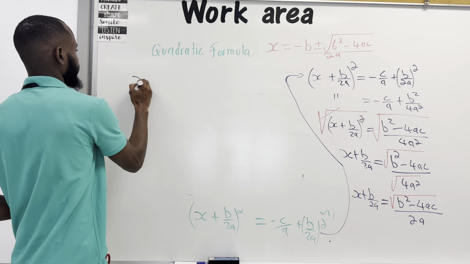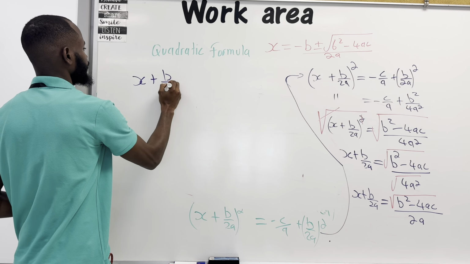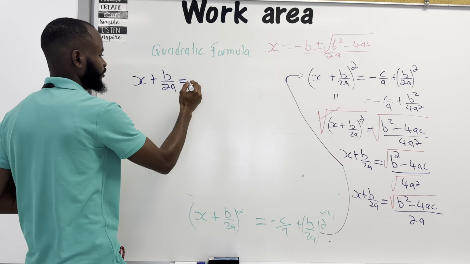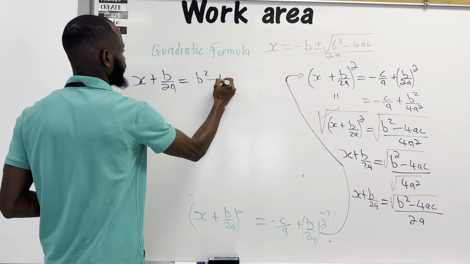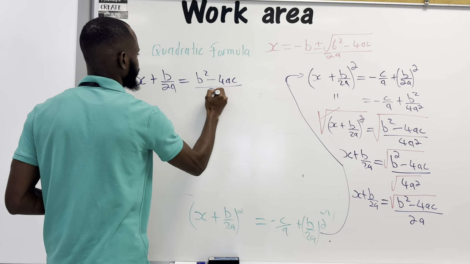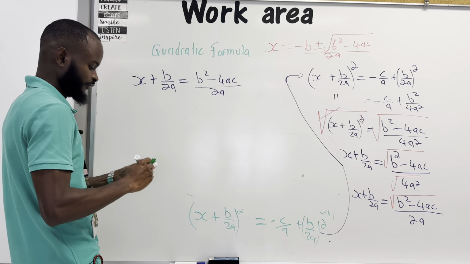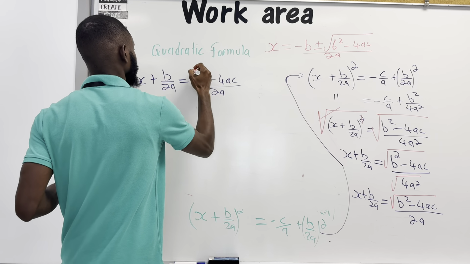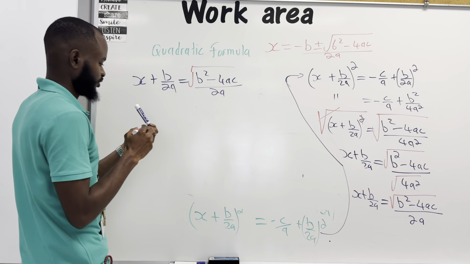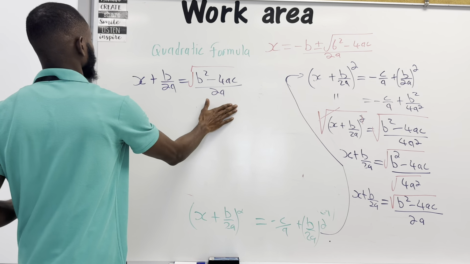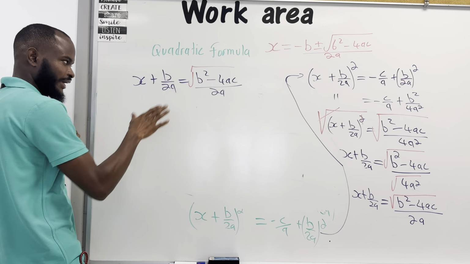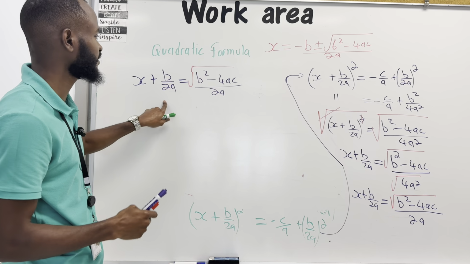So we're going to have x plus b over 2a is equal to b squared minus 4ac over 2a. And don't forget your square root right there, just for the numerator, not the denominator. And we're going to bring this piece over here now. So again, it's positive on this side, on the left-hand side.